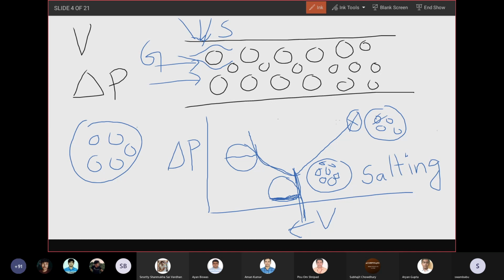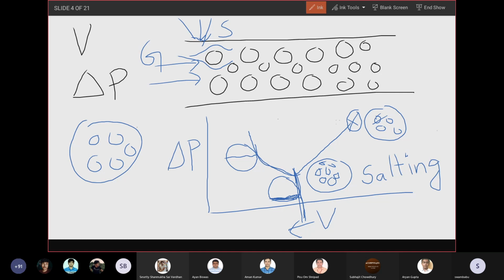And when you reduce the velocity further below the salting velocity, more and more deposition will take place. That will cause a sudden rise in the pressure drop because of the increase in the velocity gradients and turbulent gradients. And if you reduce further, more solids will settle down, and that will lead to the blockage of the transportation line, the conveying line.